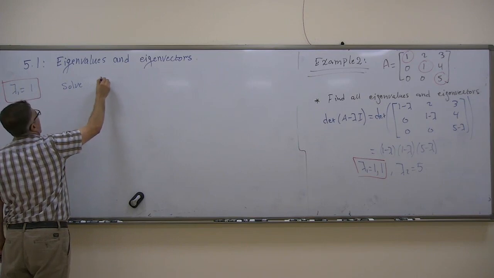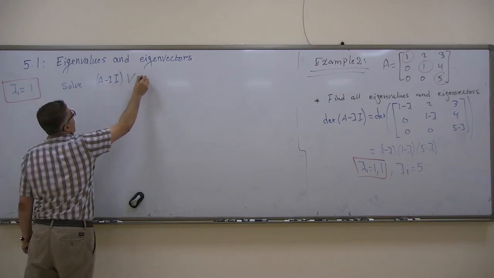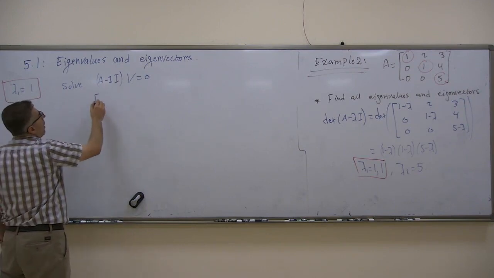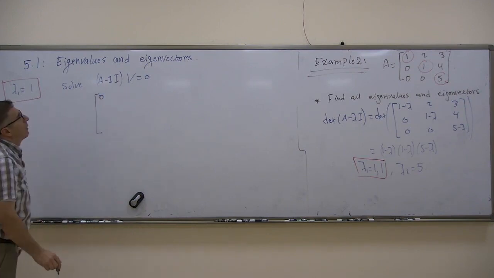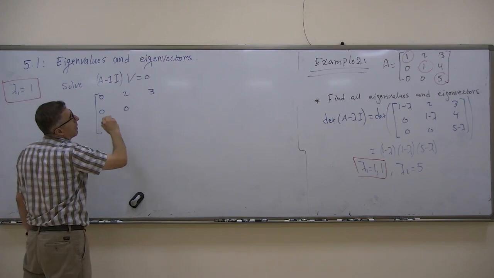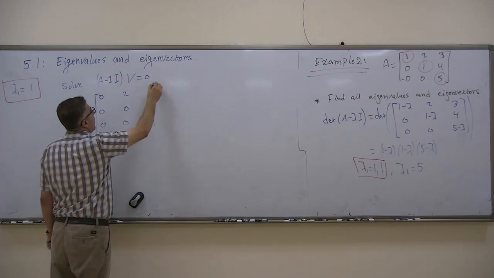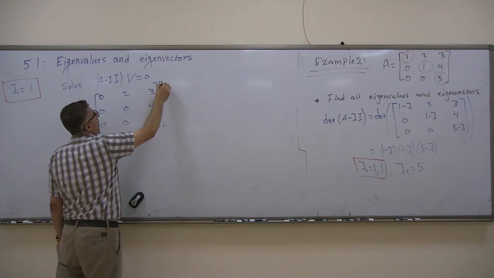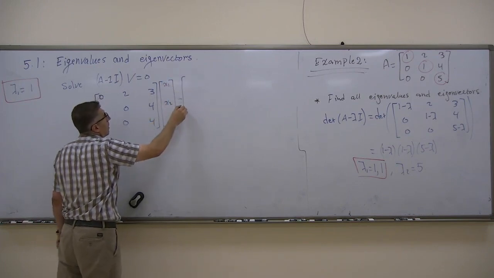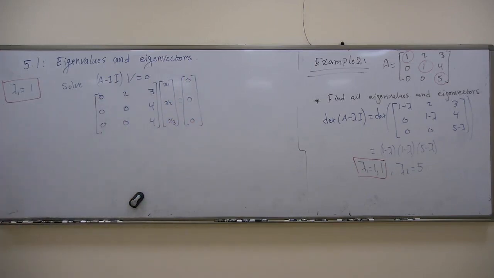A minus 1 I times V equals 0, which is going to be 1 minus 1, 2, 3, 0, 1 minus 1, 4, 0, 0, 5 minus 1, multiplied by x1, x2, x3 equals 0, 0, 0. Again, that's very easy to solve here.